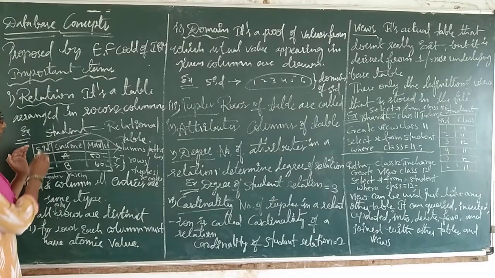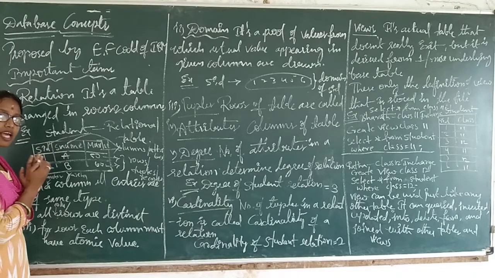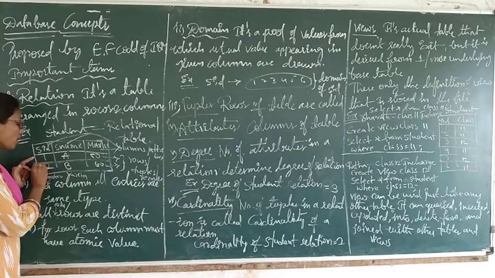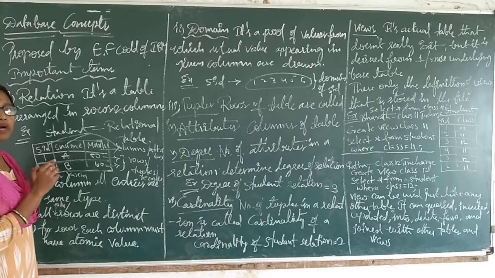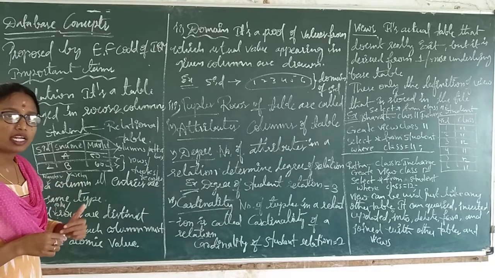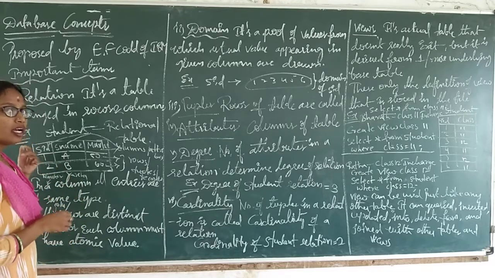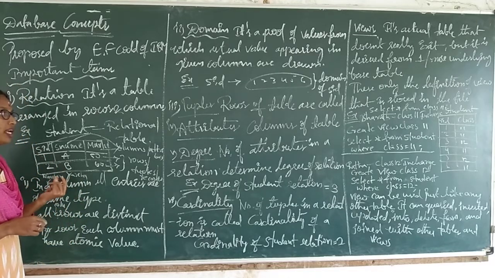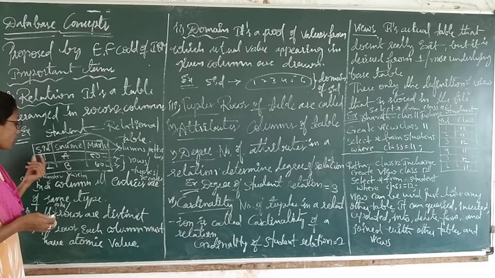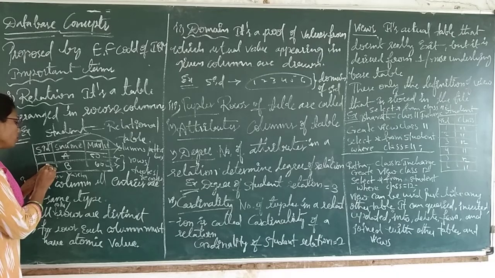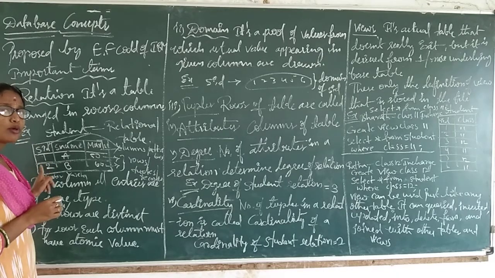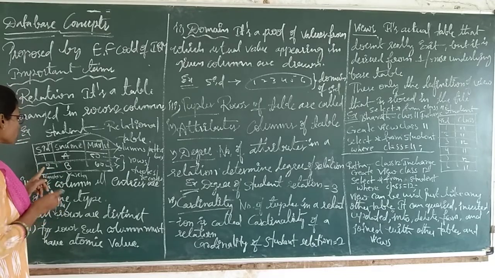For example, in SID, student ID, in the first record I use a number, an integer data type, to store the data in that student relational table. But if in the second record I make the data type float, 2.0, it is the wrong way.